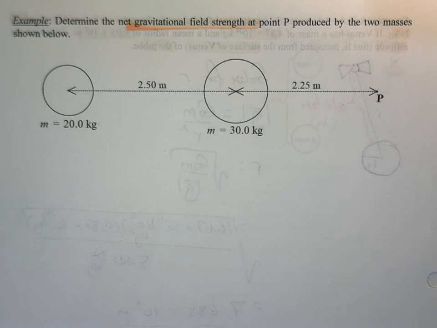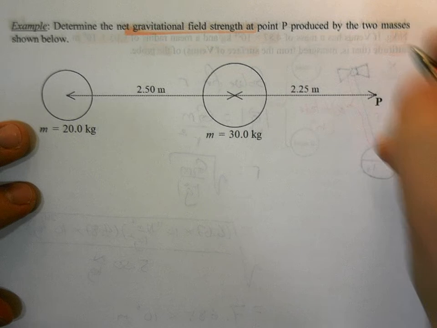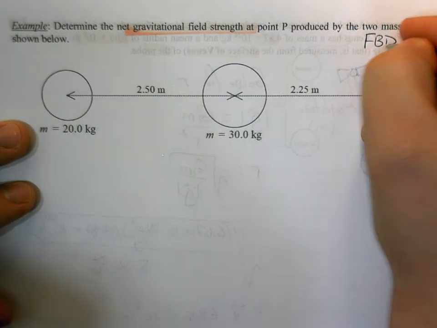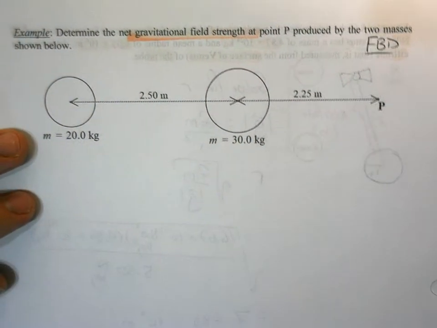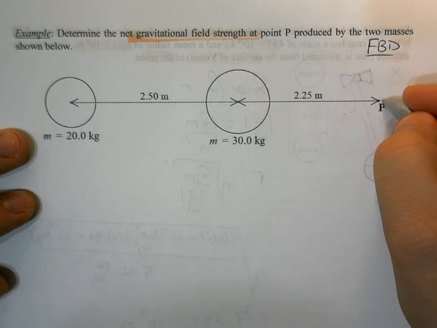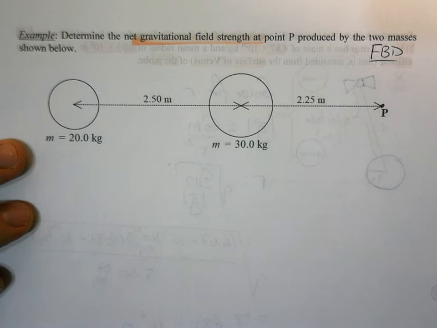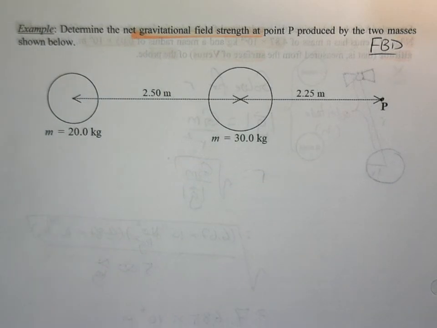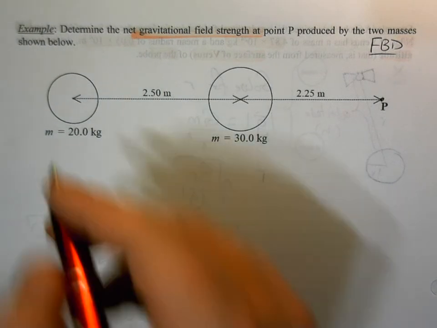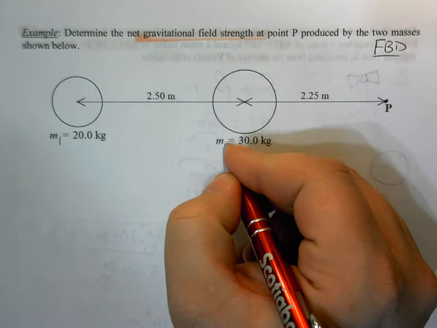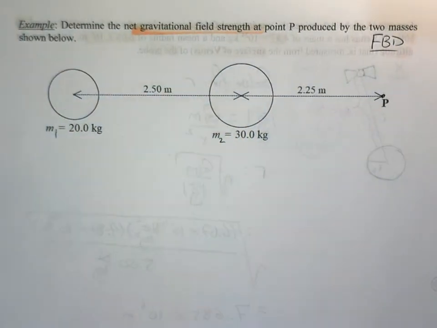So the first thing we want to do is still draw a free body diagram. We're still drawing it from the perspective of forces, because we can still talk about having a pretend test mass here at point P, and we can still ask the question, what's happening to that test mass because of the other two masses. I'm going to call this first mass M1 and this second one M2.